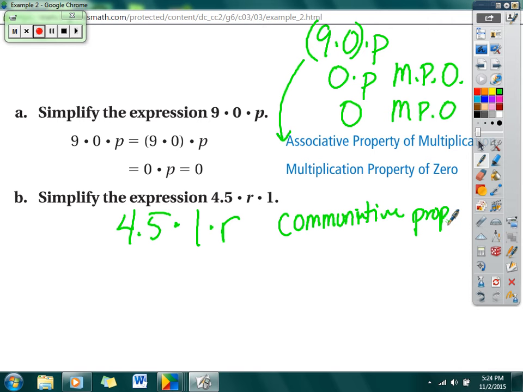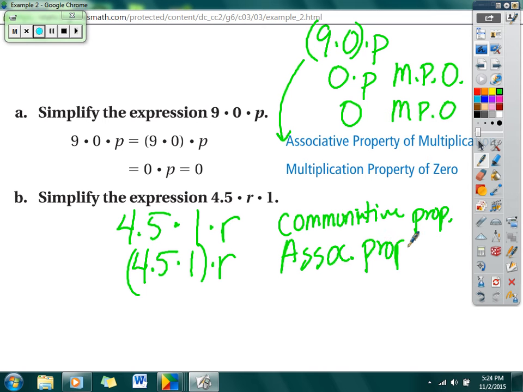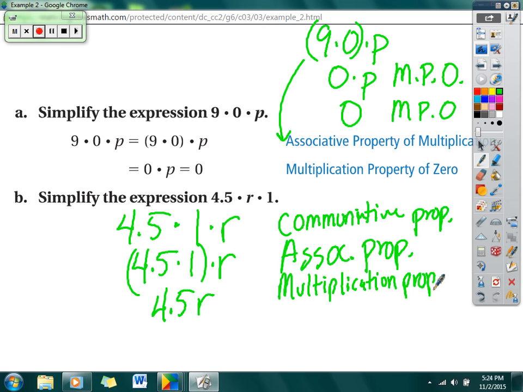Then I want 4.5 times 1 in parentheses so I can multiply them. This is due to the associative property. Then 4.5 times 1 is 4.5r due to the multiplication property of 1.